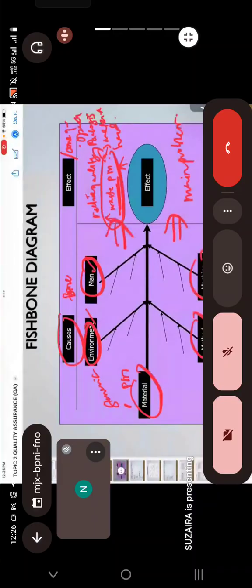Okay, but if we want to look deeper, you have other causes that contribute to this method or man. Man is like the operator, lah, operator. Whenever you talk about the man or operators, the most important one is probably the skill and training.